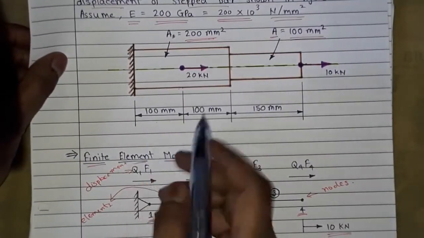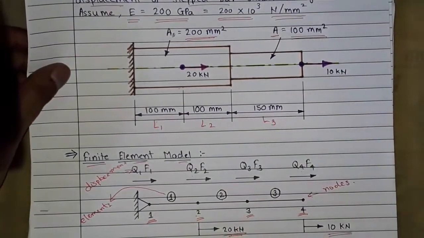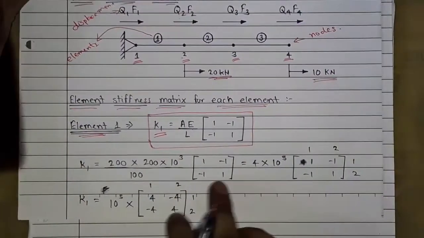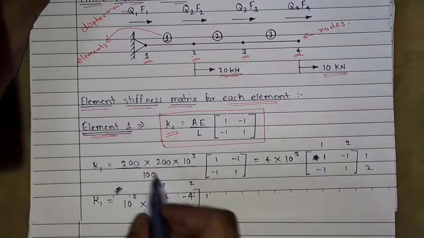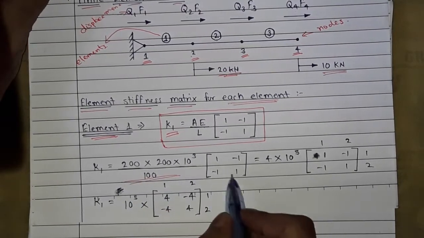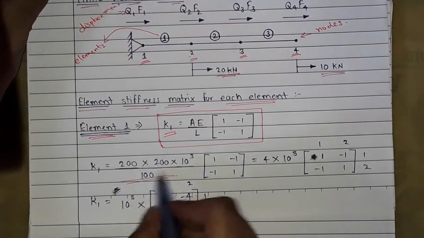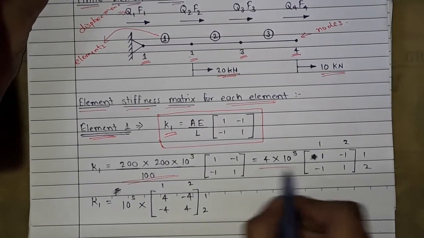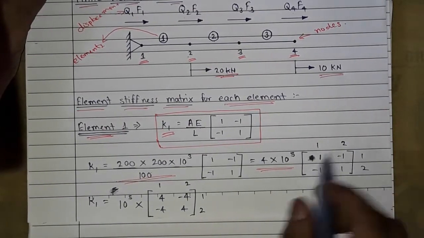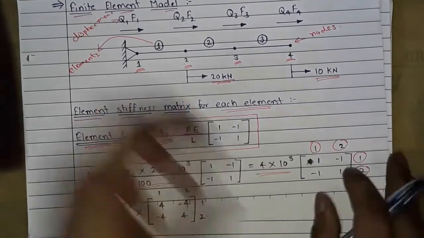As we can see, this is L1, L2, this is L3. Here in this equation we have put the values, and after calculating this equation we got 4 into 10 raised 5, and this is the matrix, and these 1 2 and 1 2 are the nodes.